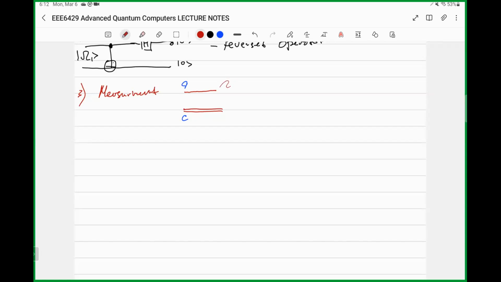And the operation of measurement is represented either by this element, the meter with the arrow inside, and it goes to this C line this way, or it can also be represented by M, which is measurement.